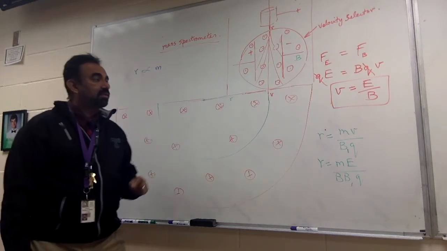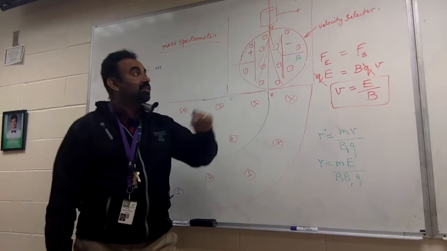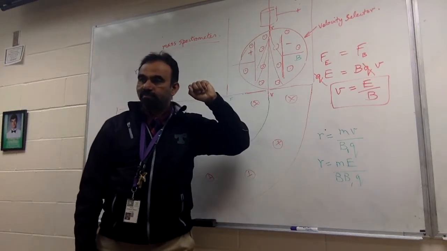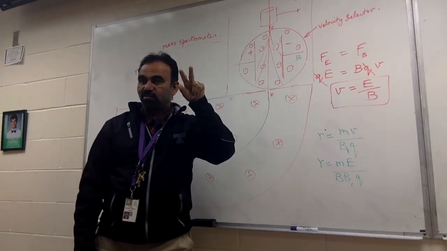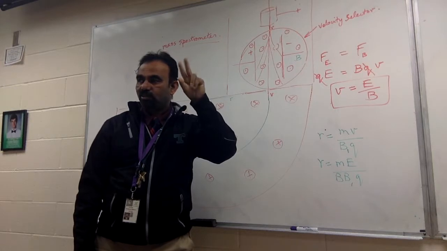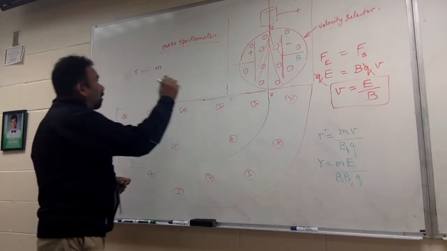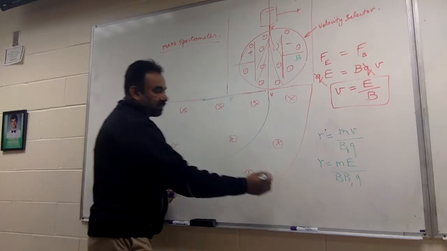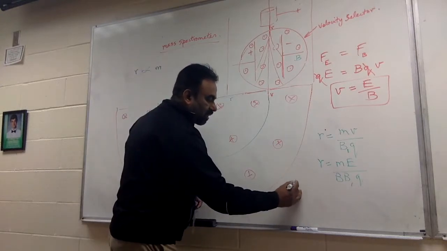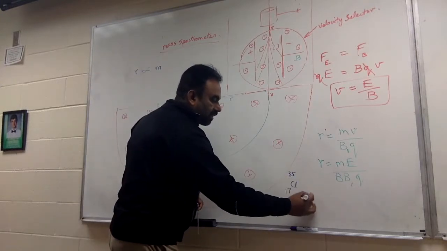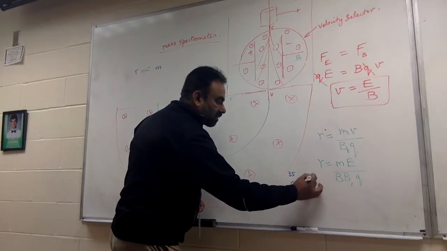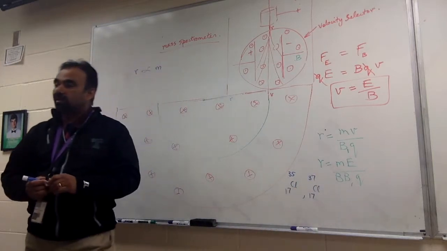So if, for example, you're taking chlorine, you know the isotopes of chlorine? There are two isotopes of chlorine. For chlorine, we have 17Cl35 and 17Cl37. These are the two isotopes of chlorine.